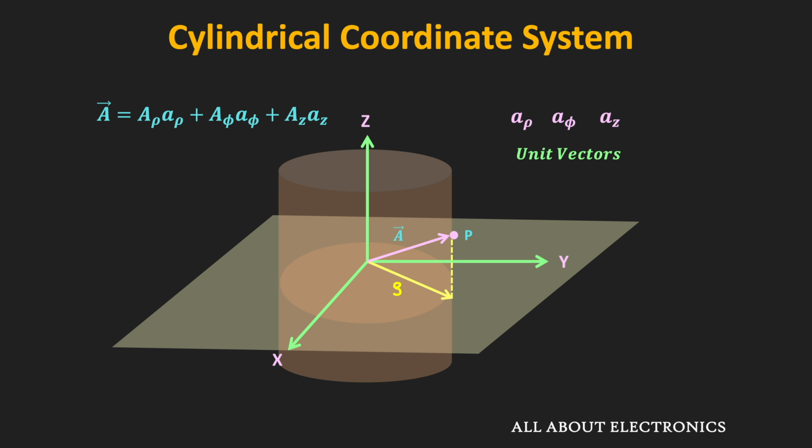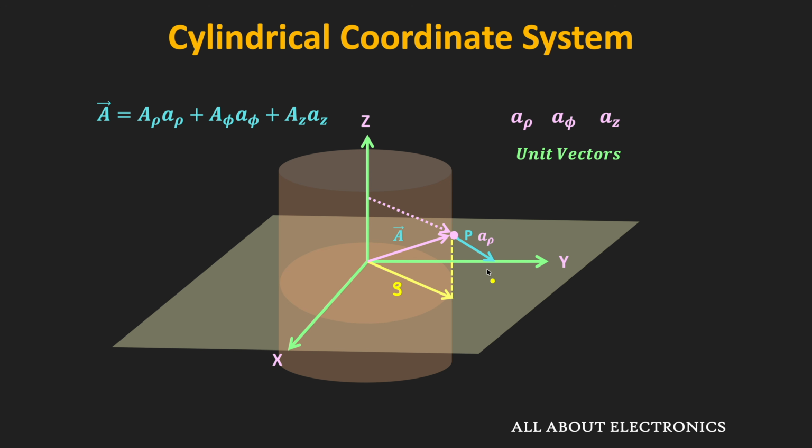Let me also draw the line that is parallel to this radius. If you see the direction of this unit vector a rho, it will be in the incremental direction of rho. So this a rho is known as the radial unit vector. At a given point, it is pointing in this direction. But if the point changes, then the direction of this a rho will also change.